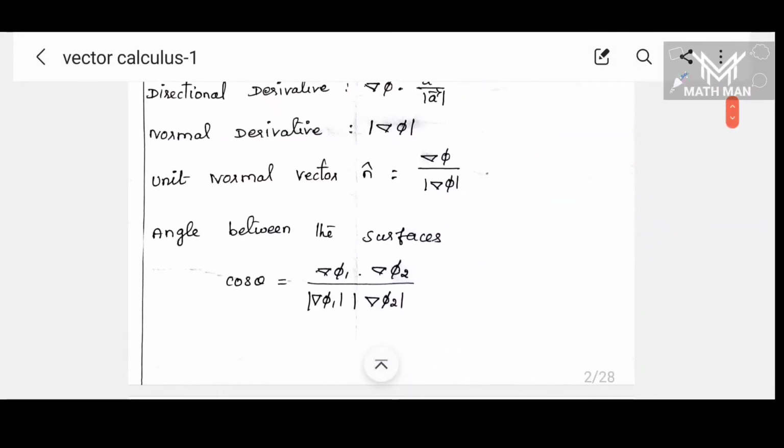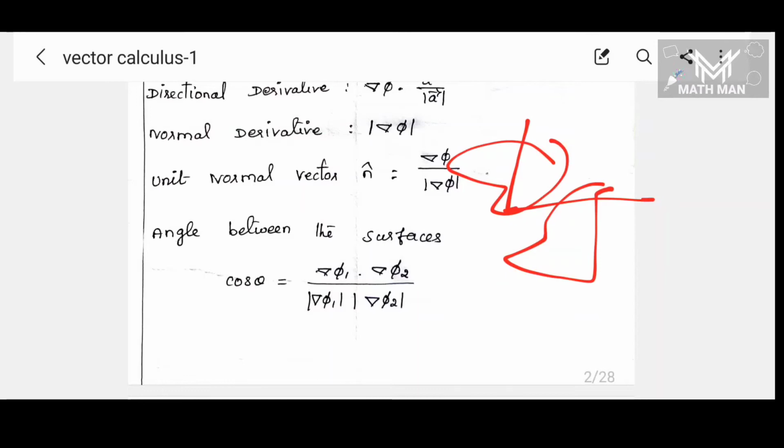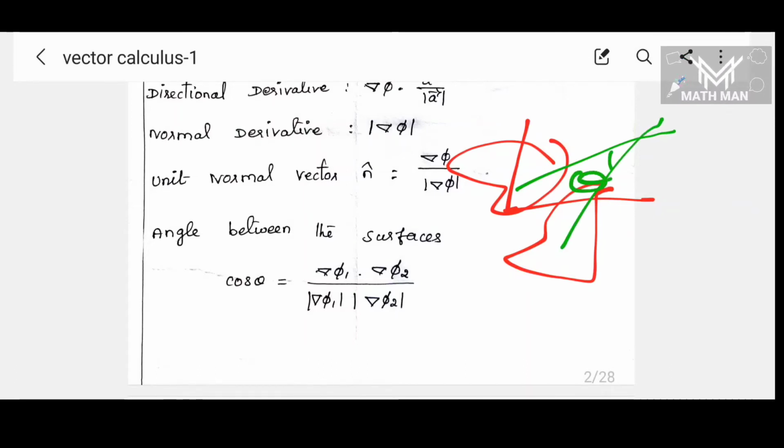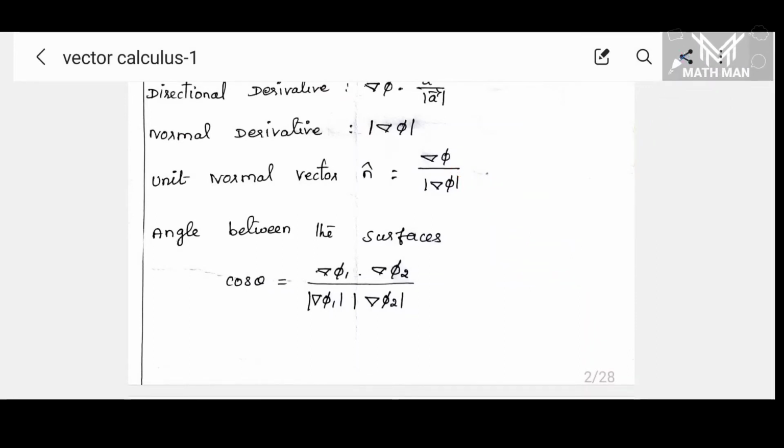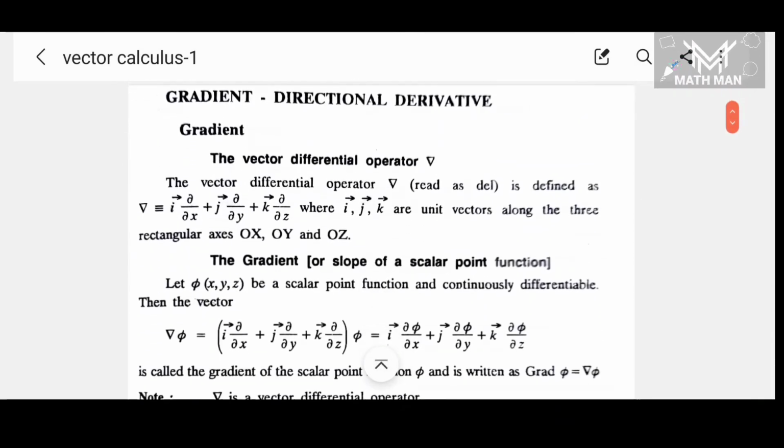And if two surfaces are given and we have to find the angle between them, which is the direction of the derivative in these two forms, if the angle is theta, then cos theta equals del phi 1 dot del phi 2 by mod of del phi 1 into mod of del phi 2.